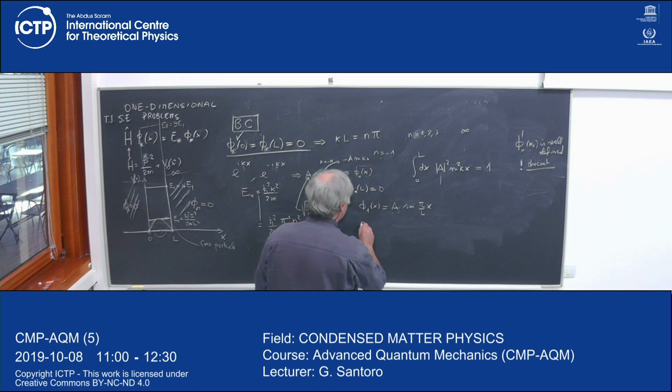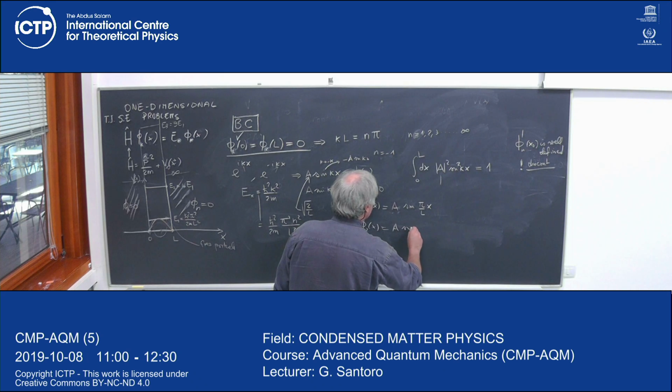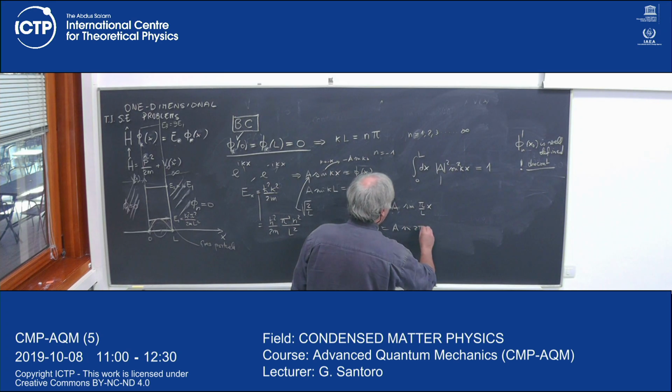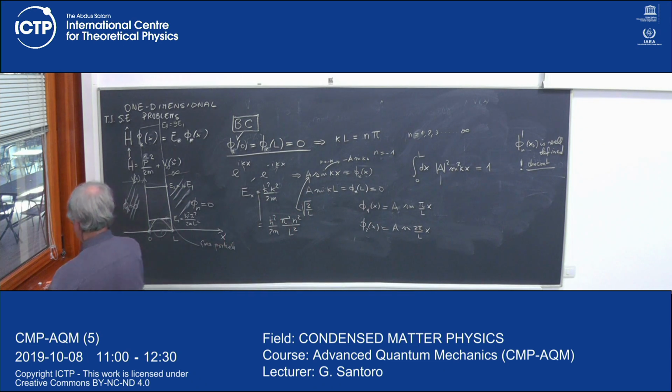Phi 2 of x is a sine of 2 pi over Lx. So let's draw it.